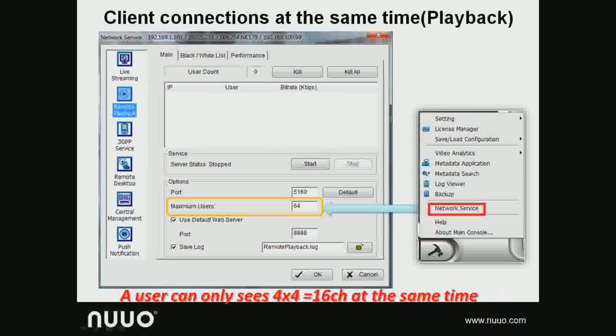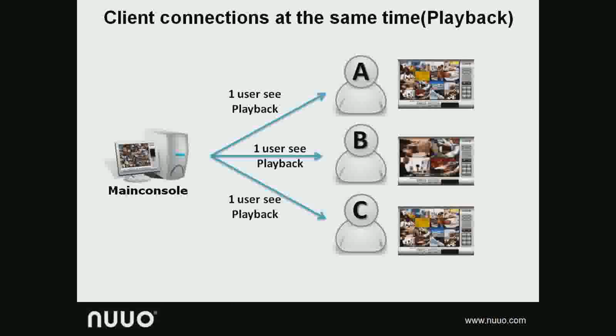So in this scenario, only 3 users are using the playback system to check recorded videos. These 3 remote client sites will consume only 3 users, and the main console server will still allow 61 users to connect to see playback videos.